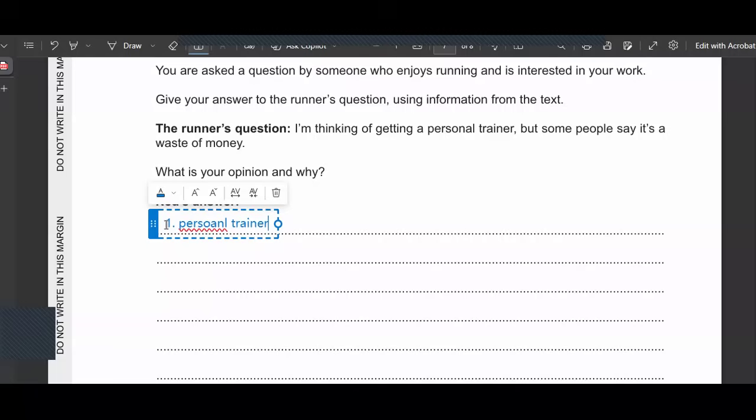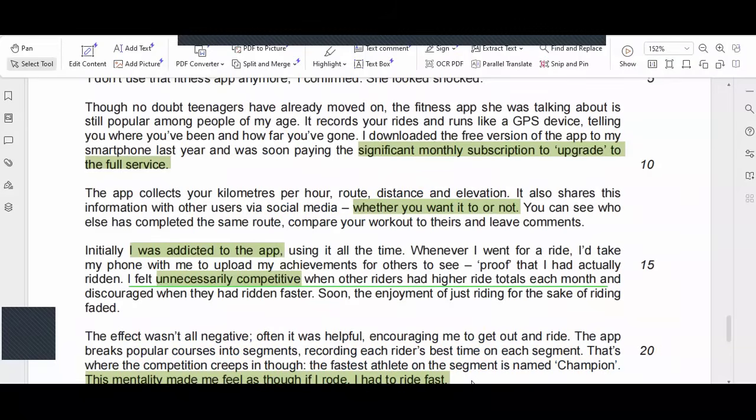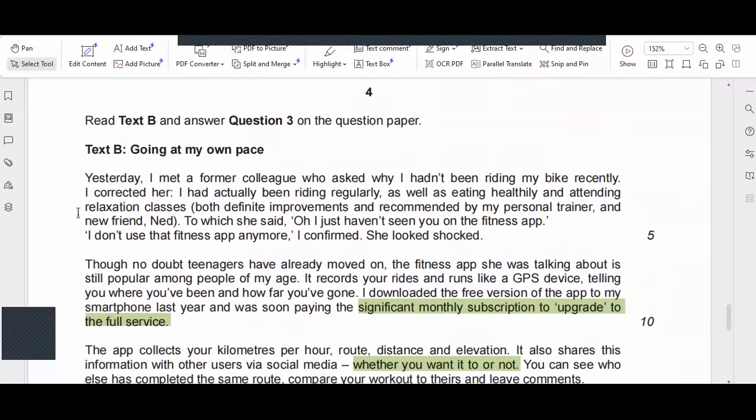personal trainers can become your good friend, like the relationship in the text that the narrator has developed with the trainer. At the beginning of the text, it has been explicitly mentioned, my friend Ned, my new friend Ned.